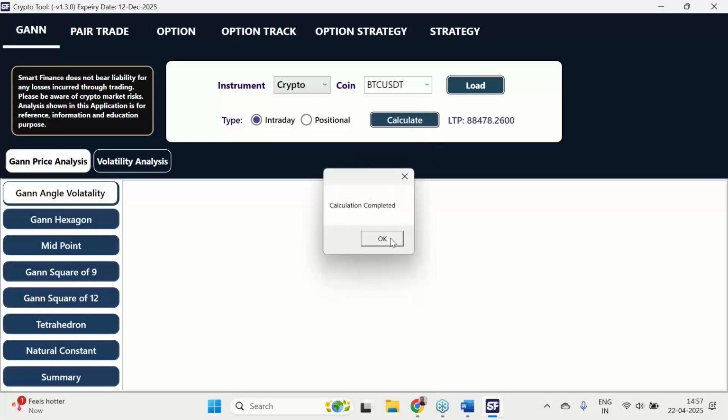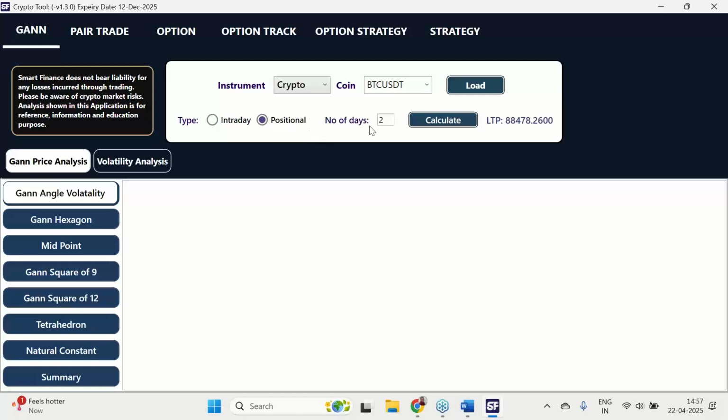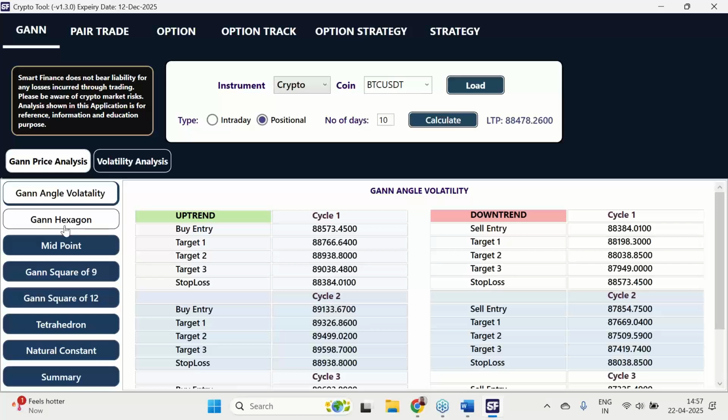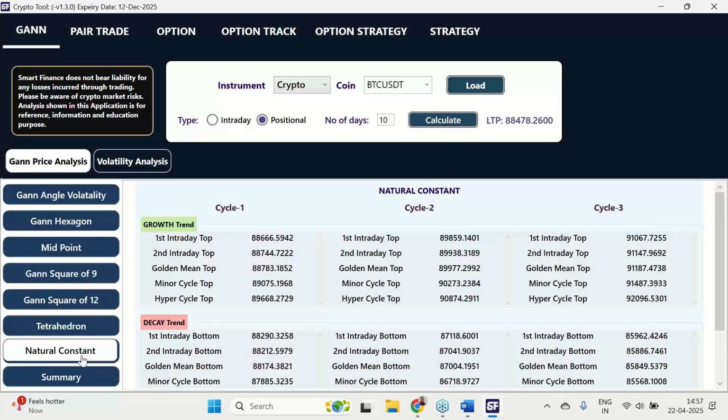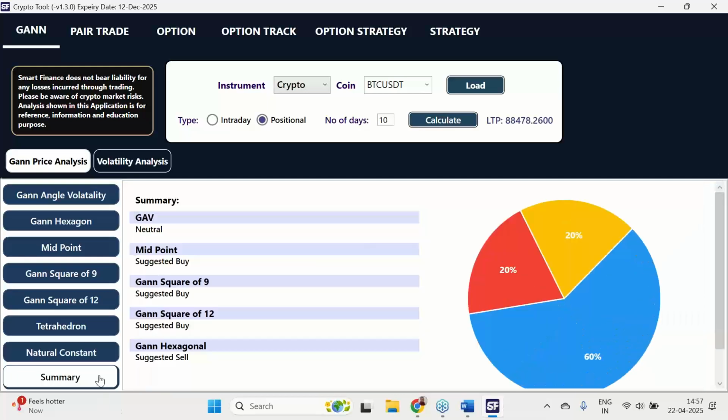If I calculate it for a 10 days period or 5 intradays and other things, the GANN angle volatility says this, the hexagon principle says this, natural constant things also say this. So you can see all these analyses are giving their own views.